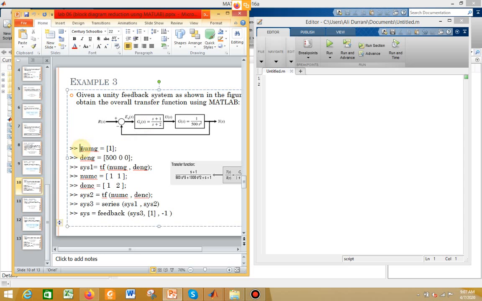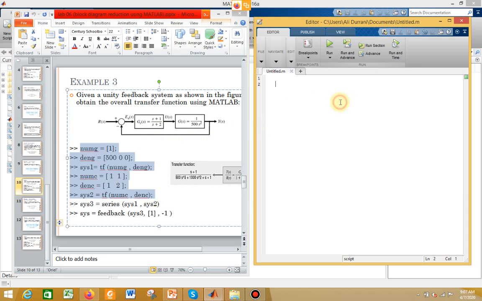In the first part of the code, I have to define both of the transfer functions, gc of s and g of s, just like I did in the first and second example.